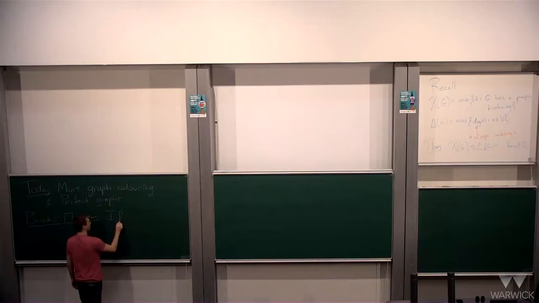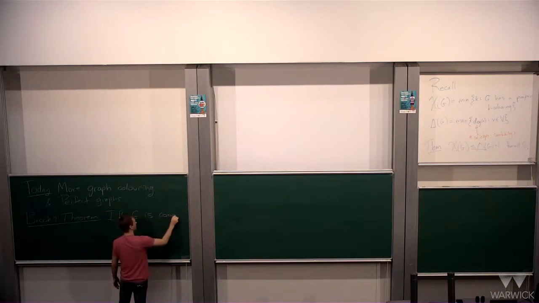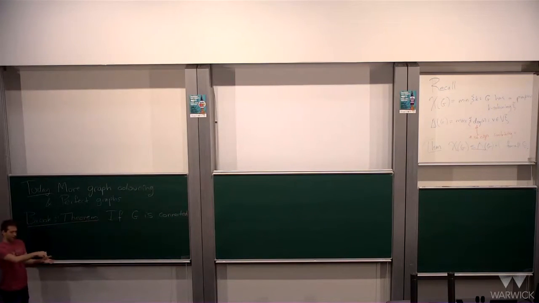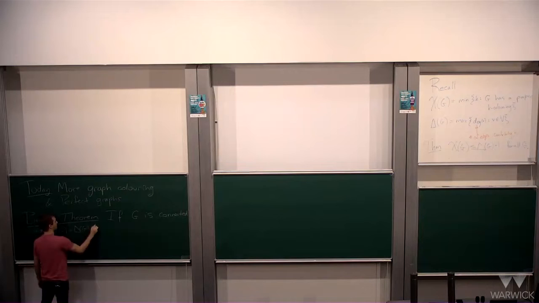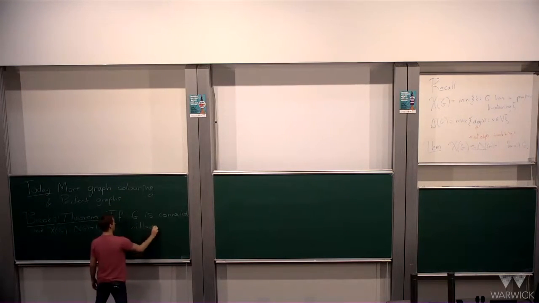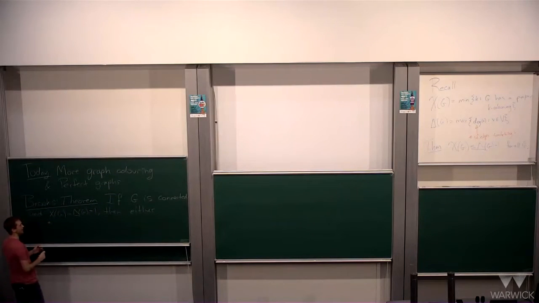So, if G is connected, (disconnected graphs, you could always have some components that aren't really doing anything) and the chromatic number of G is equal to delta plus 1, then one of two different things can happen. Either G is a complete graph.